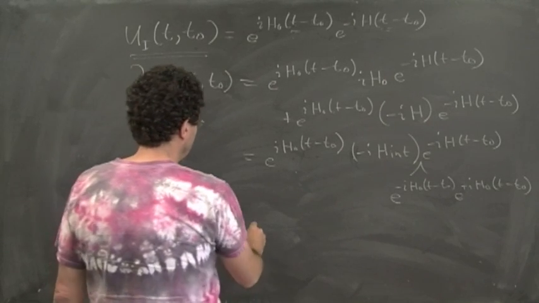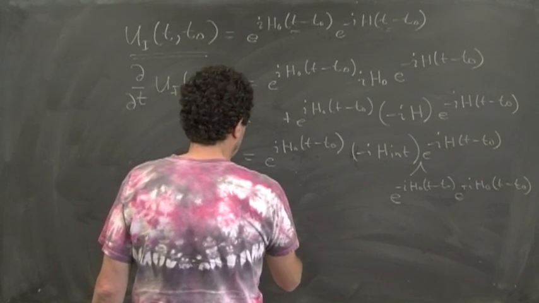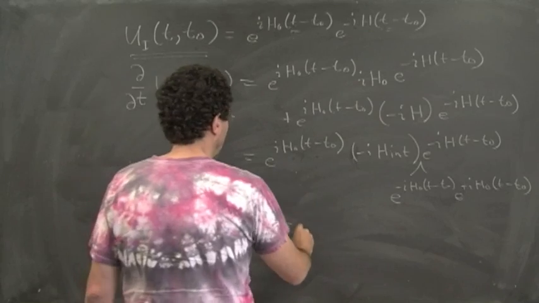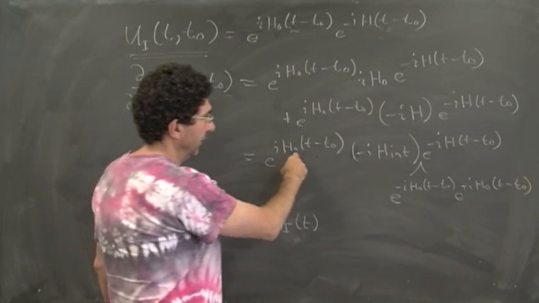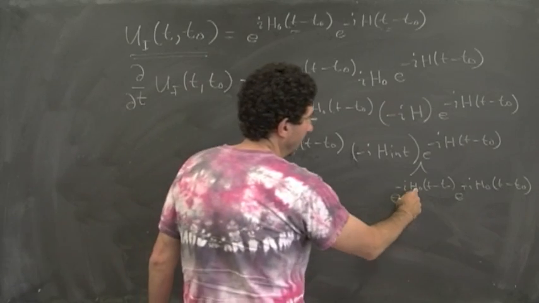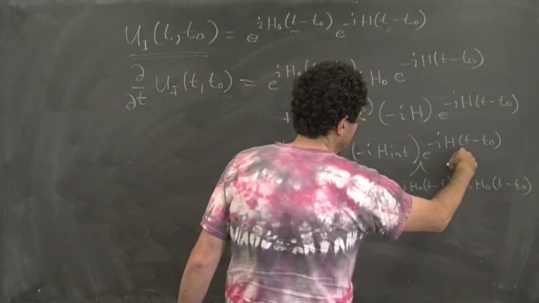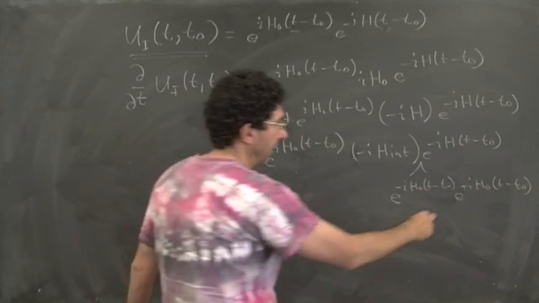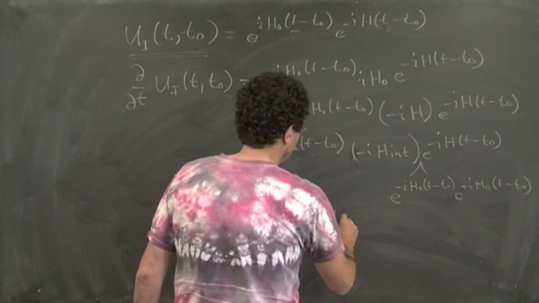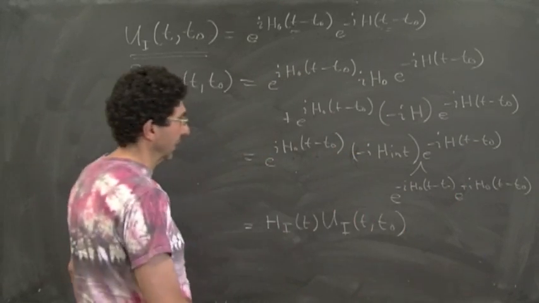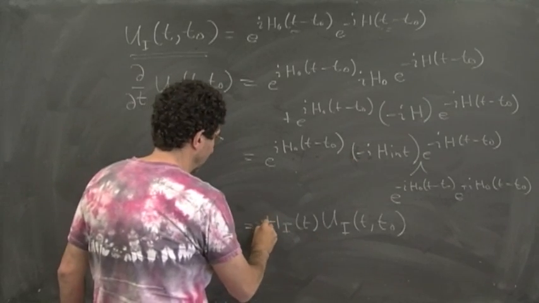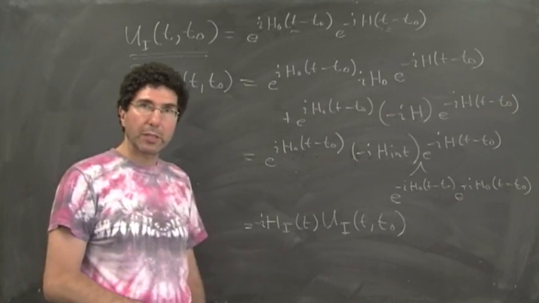So this is going to give me what I'll call H sub capital I, which does depend on time, right? And then what I have left over is this times this, but that is precisely the U_I(t, t_0). And then there's this minus i, which I almost forgot, but there it is.